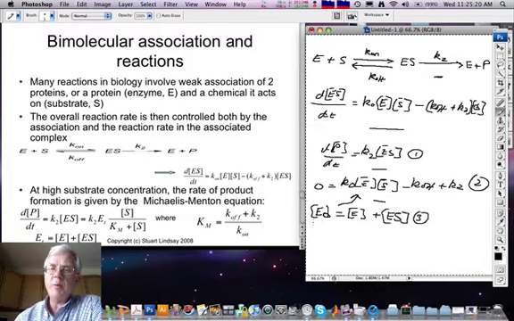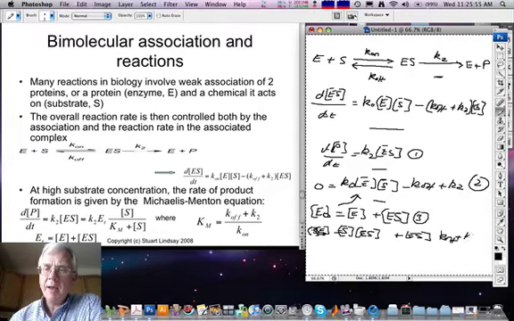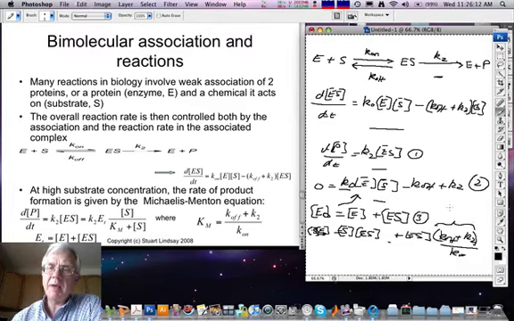So when we do that, we end up with the following expression, substituting into equation 2, E0, and then what we're going to do is divide everything by the K on term that occurs here, and we're going to call this quantity a new quantity, the Michaelis-Menten constant Km.